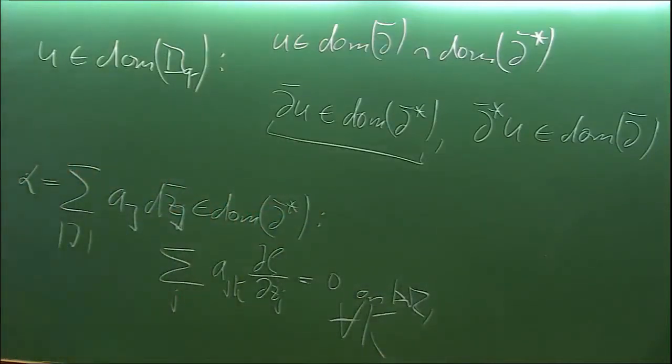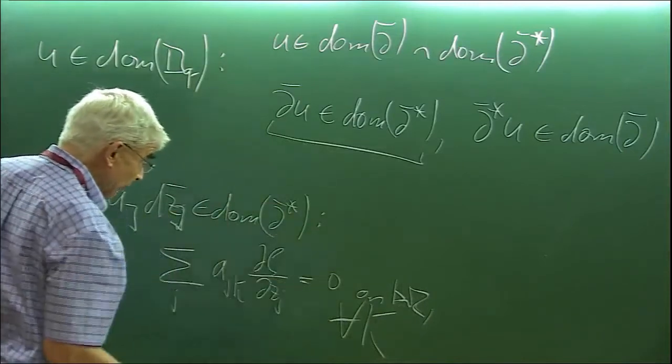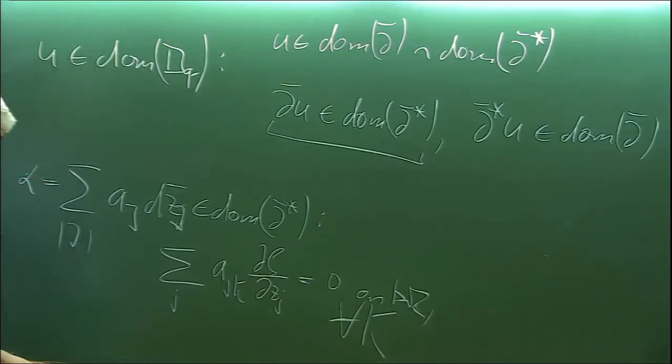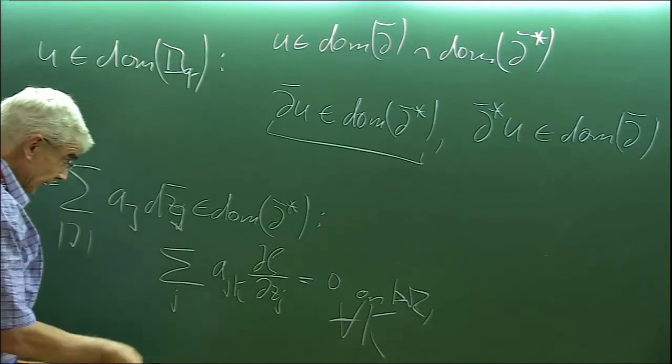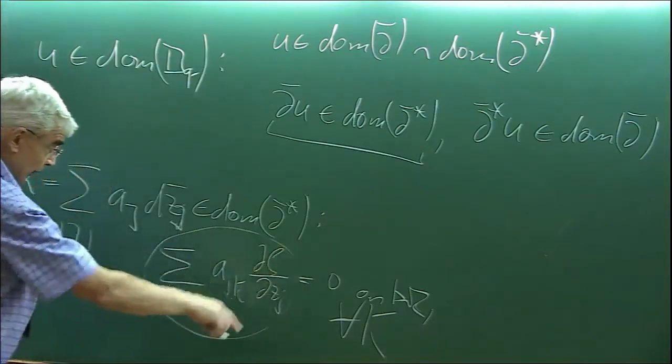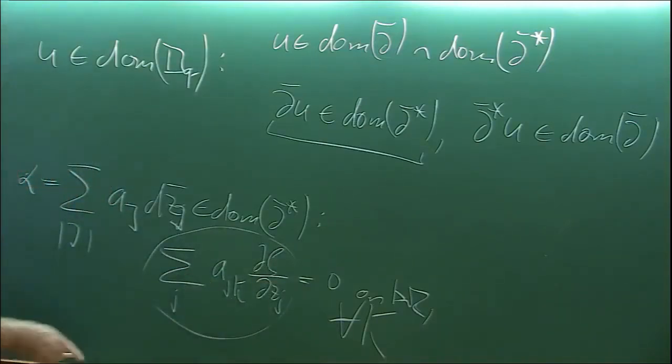Now, if you take the form whose coefficients are given by this, so that would be a (q minus 1)-form, then this is what's called the normal component of alpha.